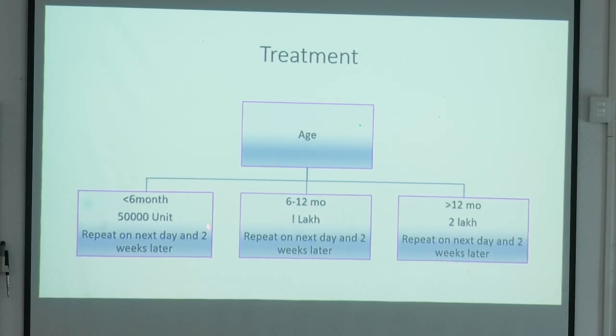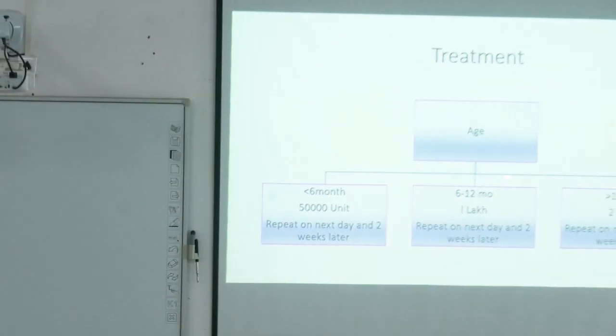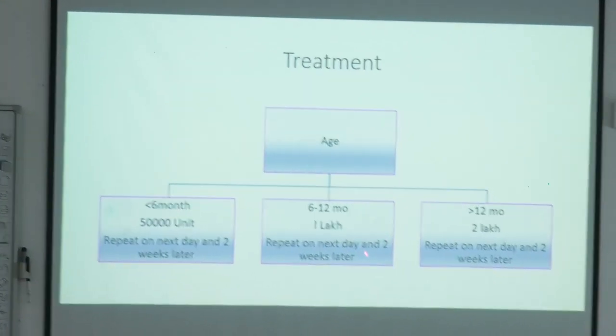Vitamin A is measured in international units, and the daily requirement is 400 to 800 international units. Whenever there is a deficiency of vitamin A, you should treat the child: less than 6 months, 50,000, repeat on the next day, and 2 weeks later. 6 to 12 months, 1 lakh unit, repeat on the next day, and 2 weeks later.